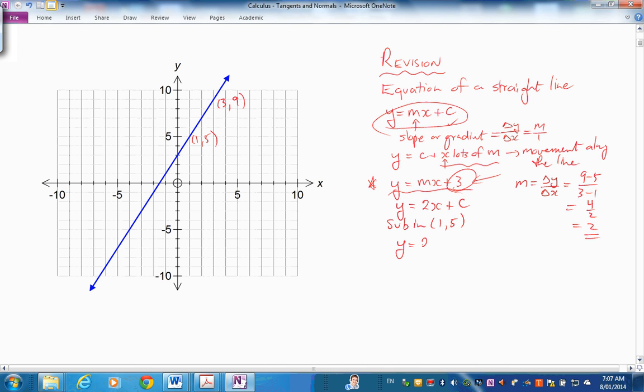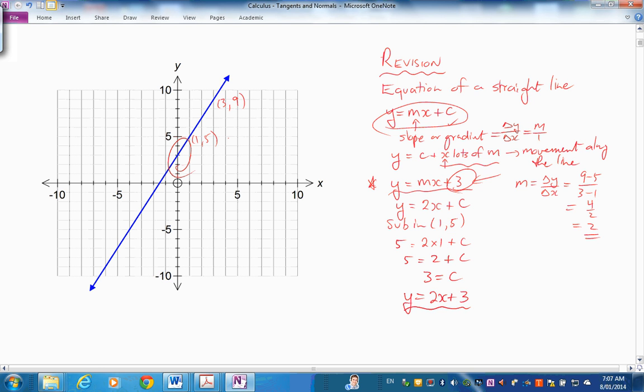So you've got 2 times 1 plus c, subbing in 5. Forgot to sub that in, 5. So 5 equals 2 plus c, 3 equals c. I've constructed my equation. Fairly long way there. That's assuming you didn't know the y-intercept there.